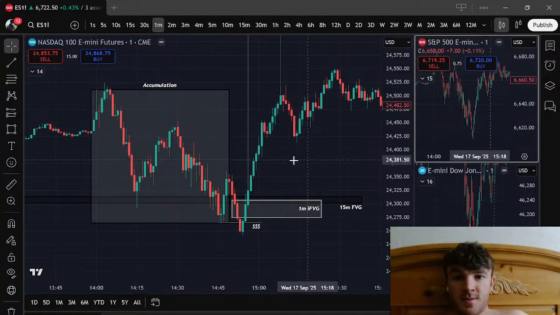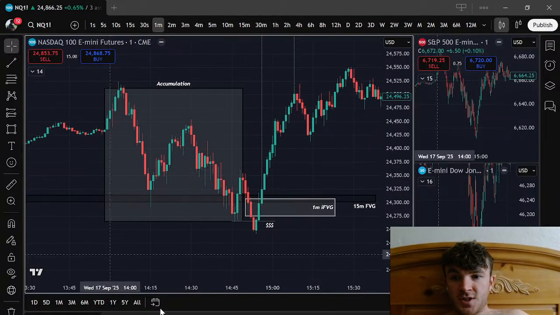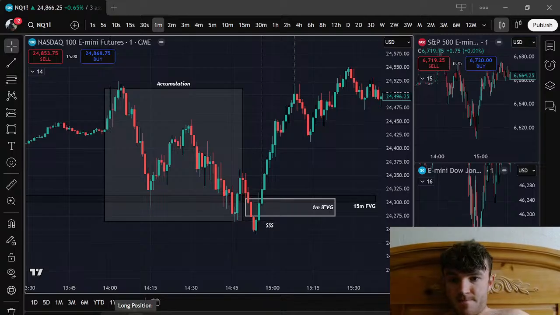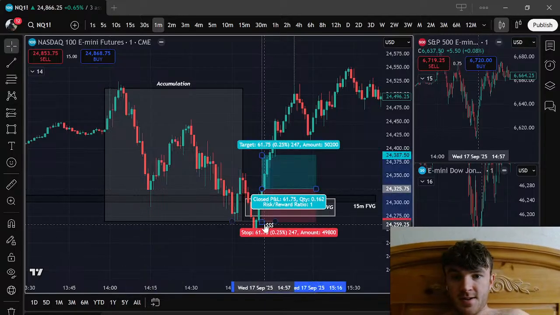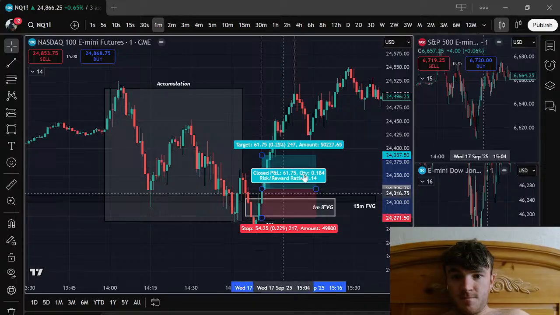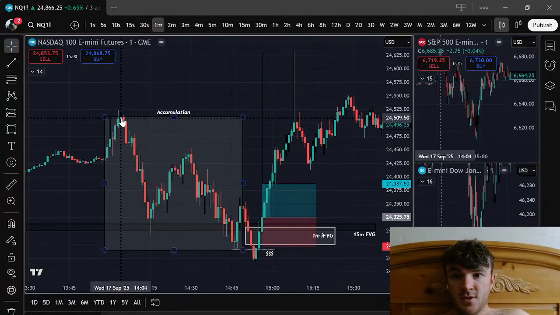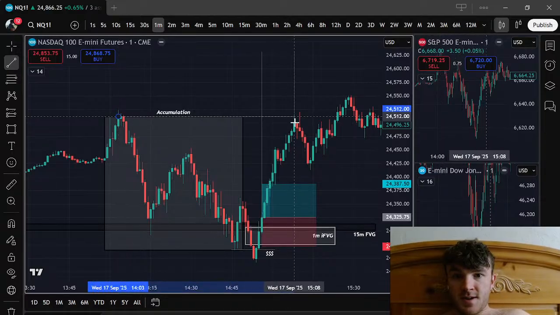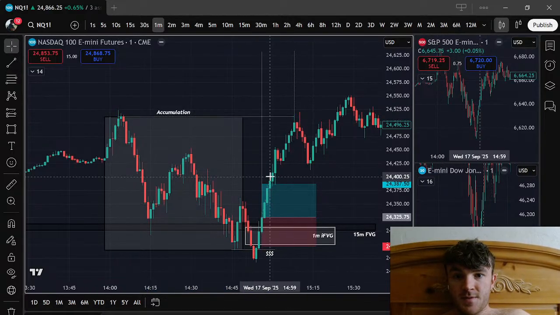But yeah, first I want to mark out this 1 minute inversion. Once again, right during the macro time. And then right to our drawn liquidity, which is probably the bodies here, right? You see how perfect that was?